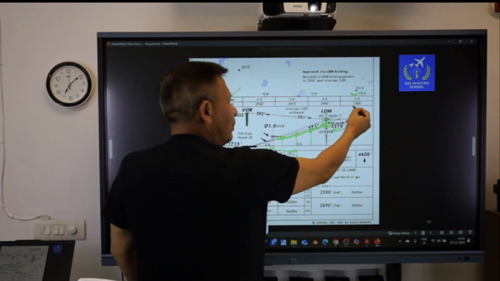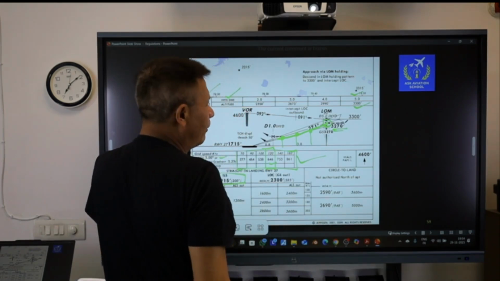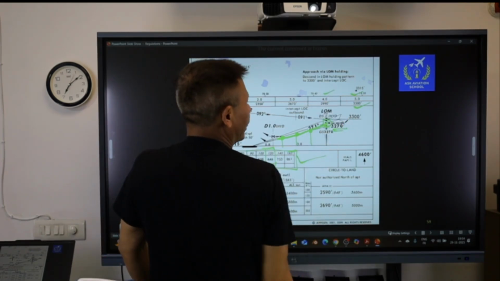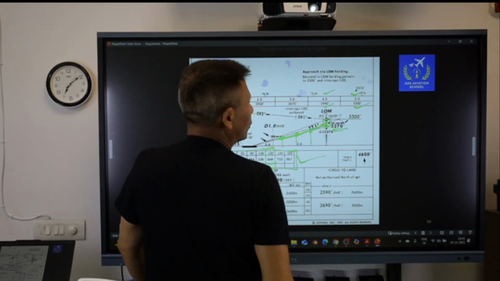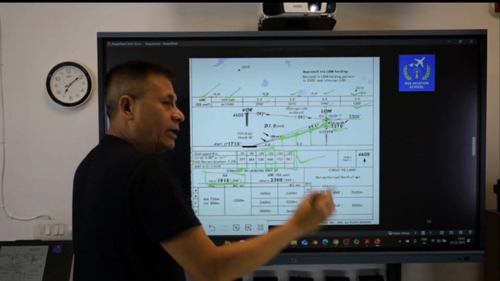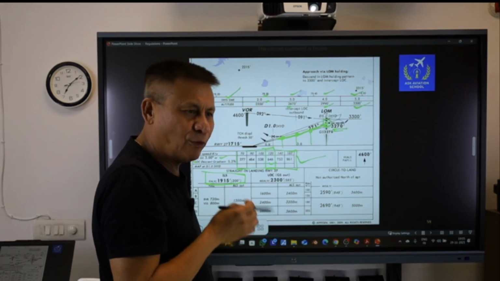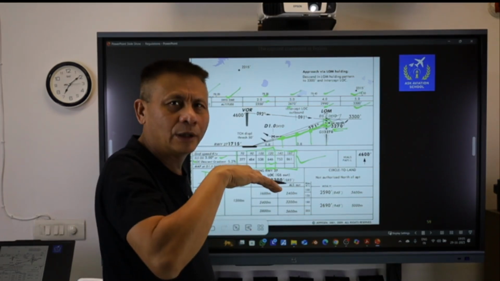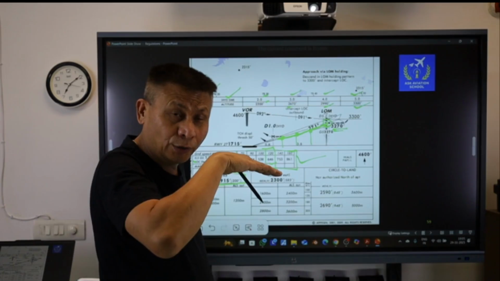Your height should be 3300, and when you are at 4 nautical miles, your height should be 2990, and so on and so forth. So at each and every checkpoint, that is at 4 miles or 3 miles, I am going to be cross-checking my altitude on the altimeter.